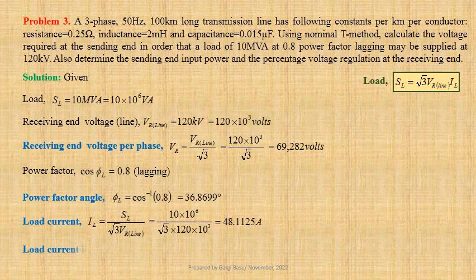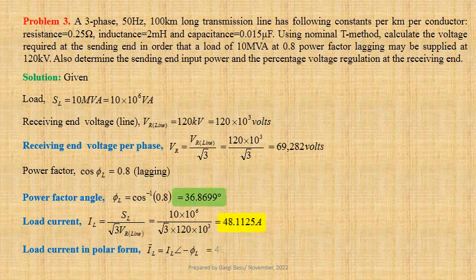Load current may be written in polar form as IL equals to IL at an angle minus phi L, that is equal to 48.1125 ampere at an angle minus 36.8699 degree. In this case, load current IL equals to receiving end current IR.